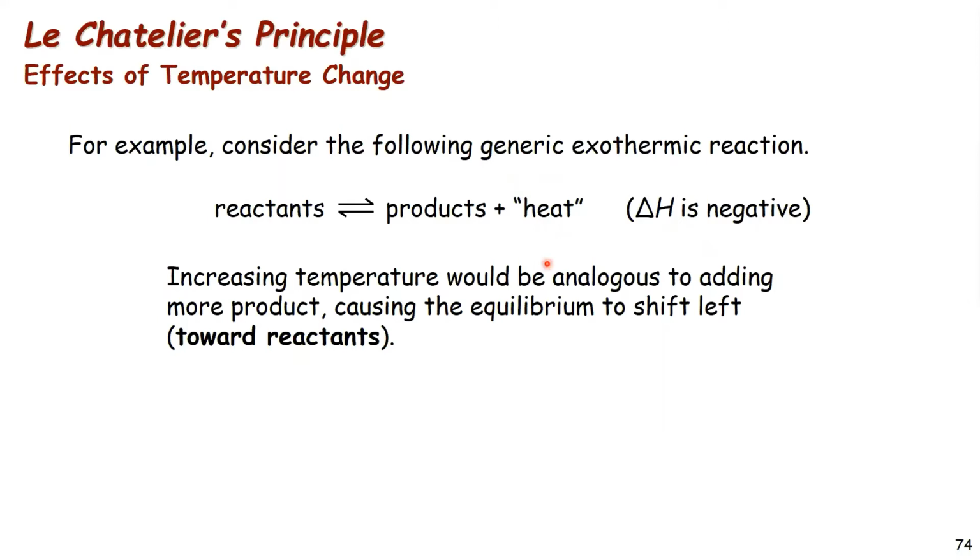So if we increase the temperature, we're increasing the amount of heat, we're increasing the amount of products, and the reaction is going to go back towards reactants. Everybody see that?